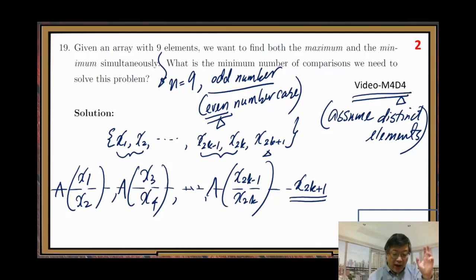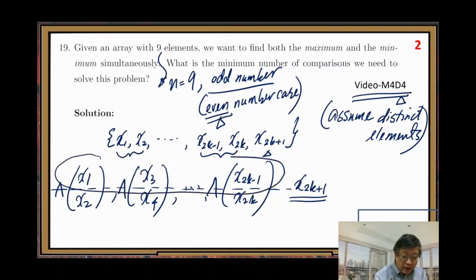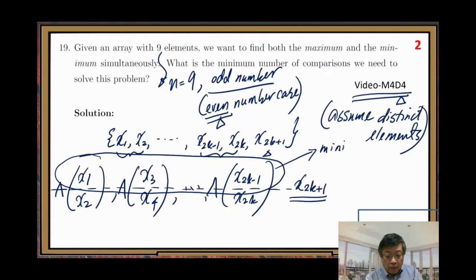With that, look at the next step. When we look at the minimum, we just look at the top group for the minimum, right? Not the bottom group, because the bottom group, we know they have no chance to be the minimum.